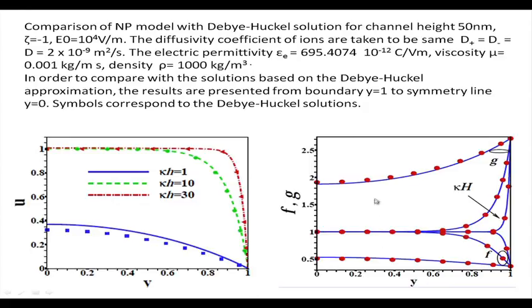So what I find is that when kappa h is a small value, g minus f is non-zero, whereas where kappa h is large, that means the Debye length is thin or the electrolyte concentration is high, the G and F curves are coinciding with each other.